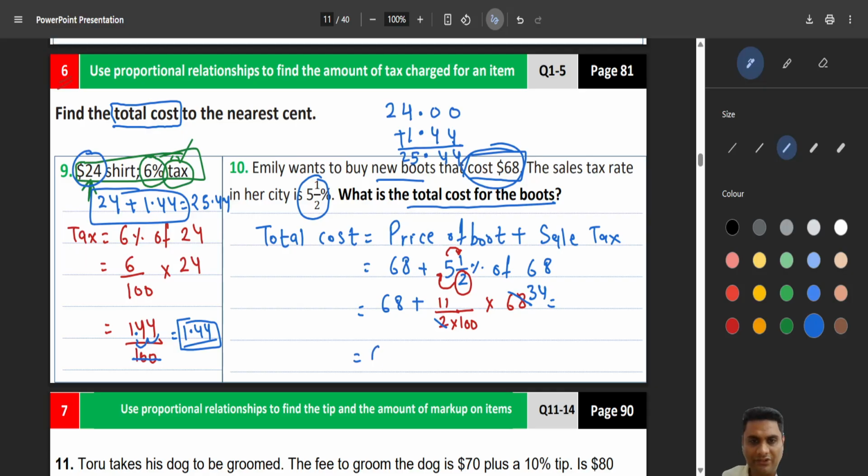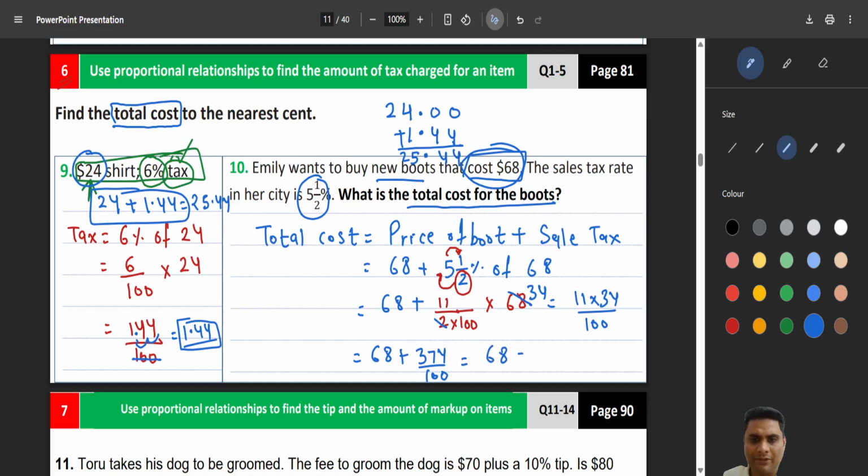Now what do we have here? Let's write here 68 plus, I will solve this here, okay? 11 times 34 divided by 100. Now 11 times 34 will be 374, then divided by 100. Again dividing by 100 is very easy, right?